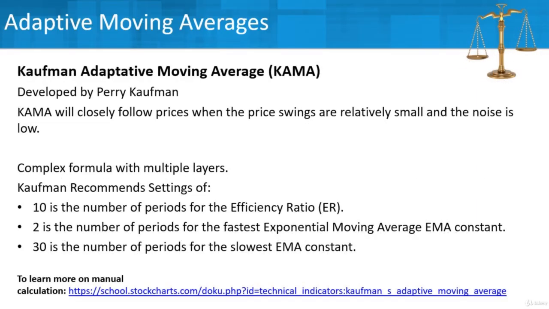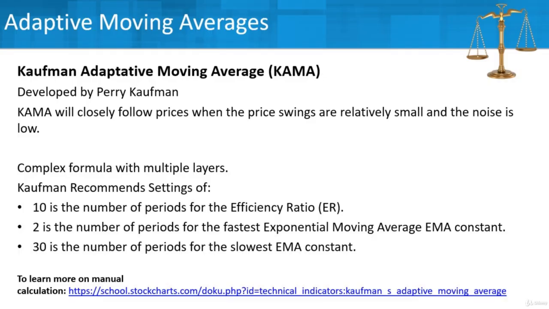What you'll see on trading platforms, and probably the most popular one of these, is the Kaufman Adaptive Moving Average, or you'll see it listed probably as KAMA, named after a gentleman named Perry Kaufman. What it'll do is closely follow prices when the price swings are relatively small and the noise is low. So it's adjusting for that.